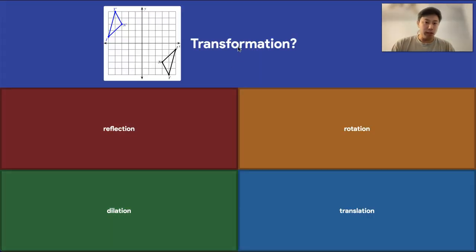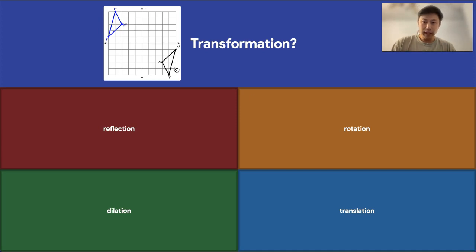This one's just asking what type of transformation. We're still focusing on is it a reflection or a rotation, right, for that symmetry aspect. This one should be a rotation, right? If we rotate it 180 degrees around the origin, it'll map onto this figure, starting from either one. You can go from black to blue, blue to black.